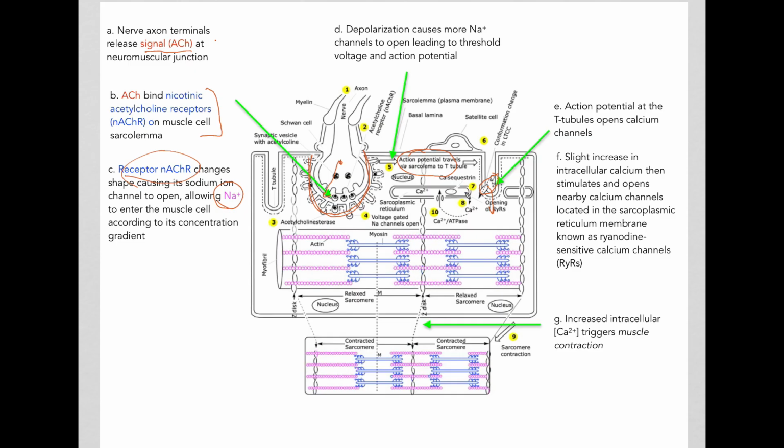And that calcium entry into the cell is going to make more calcium channels open, and these calcium channels are found in the sarcoplasmic reticulum, and opening of these calcium channels releases a lot of calcium, which then causes the muscle to contract. So let's look a little bit more closely at this receptor.